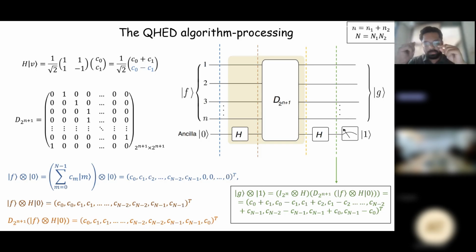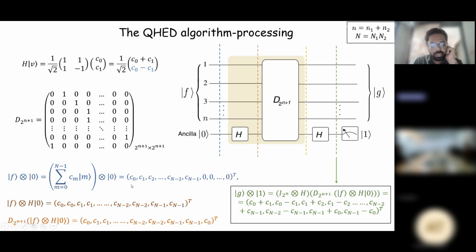The reason being, here I have single pixel values, so it will be difficult to take the difference very efficiently. This ancilla qubit will help us with this process. So what I do is replicate each pixel.